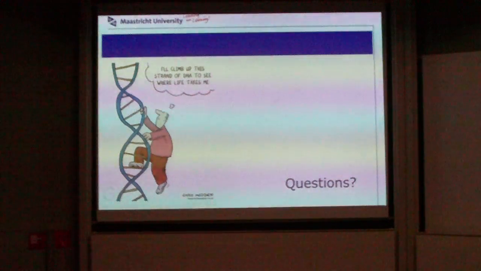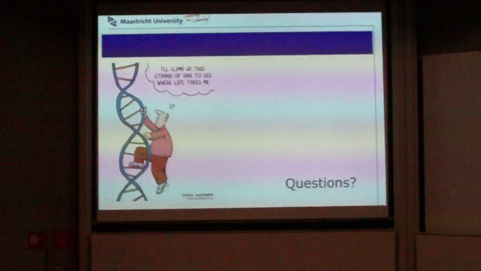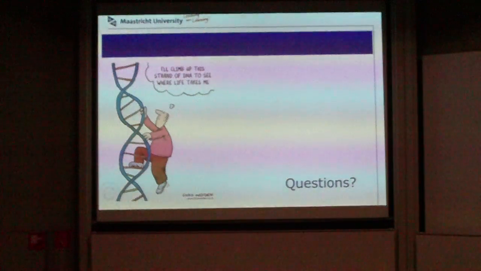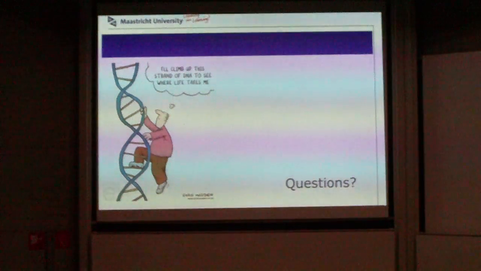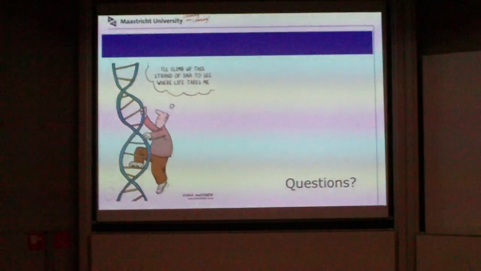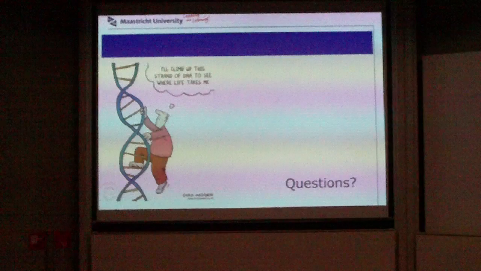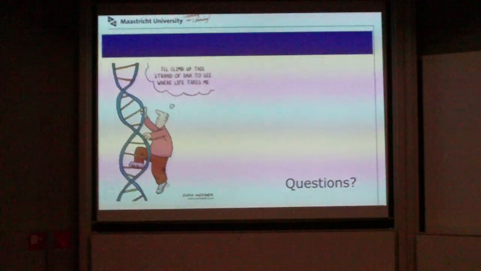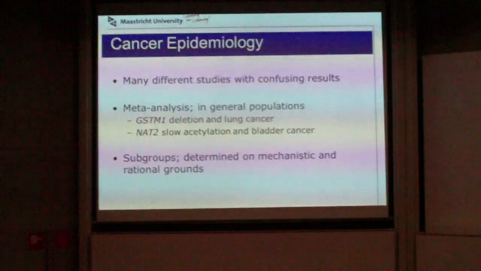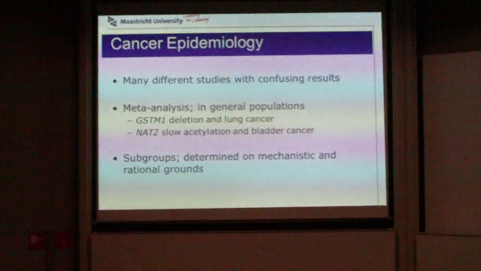So if you have a specific gene that's polymorphic in an individual, then you can see that certain typical compounds are metabolized in the liver and some other compounds are metabolized in the large intestine. Actually, it was a bit hidden in 2 slides ago, which I skipped.